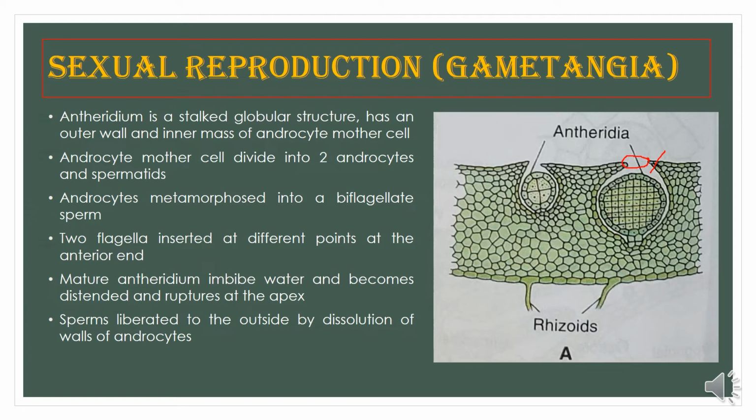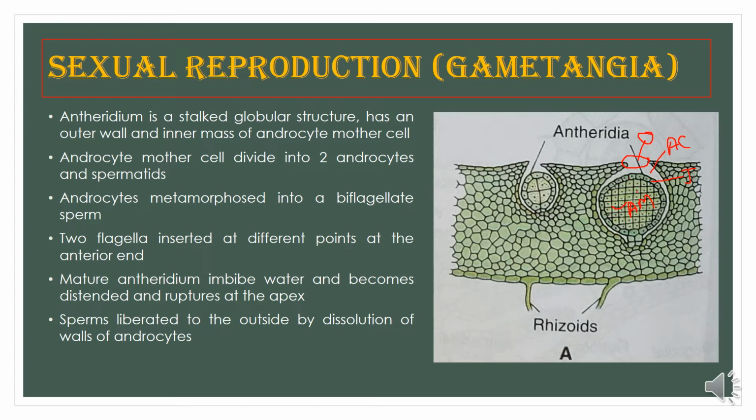They have a narrow opening. This is the ostiole, and this is the antheridial chamber, and this structure is the antheridium. The inner part contains the androcyte mother cells, and the outer layer is a single layer of sterile cubical cells, the jacket cells.